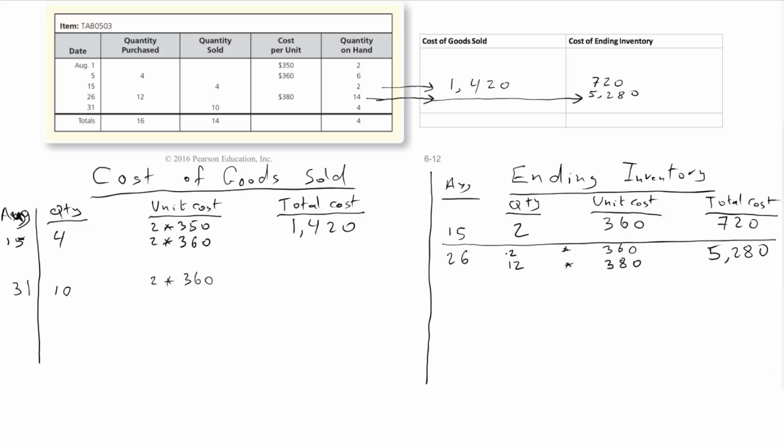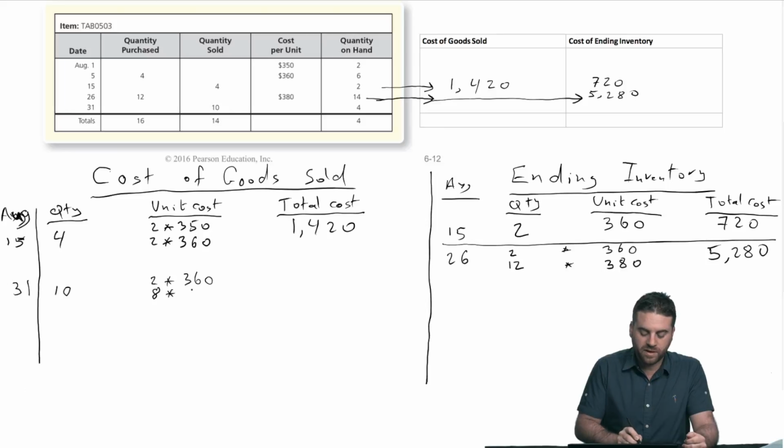So now we will go to the next line, or we can say the next layer of inventory. We have 12 units. We're going to take 8 out of those 12, and that will be part of the units that I sold. Each one of those 12 is $380, so you multiply 380 by the 8 units.